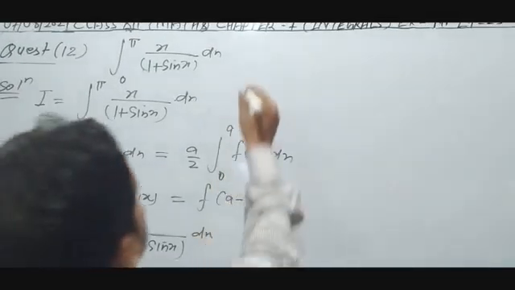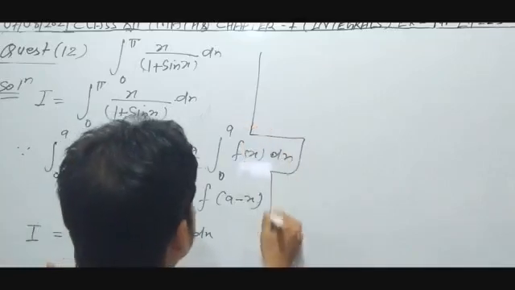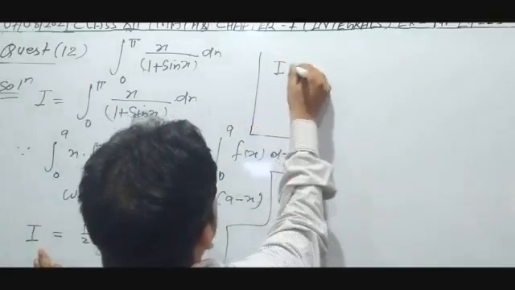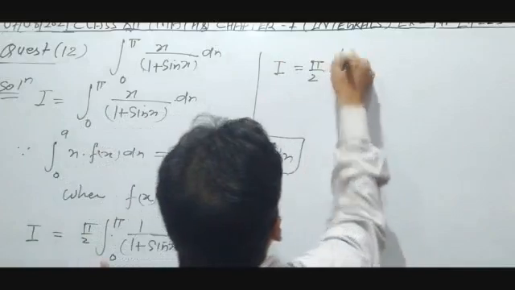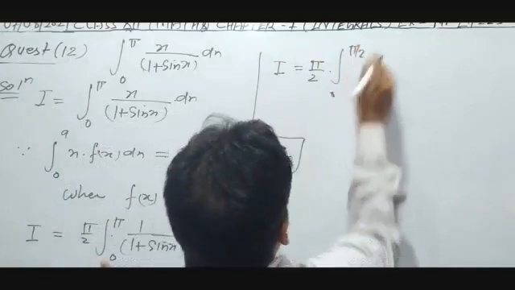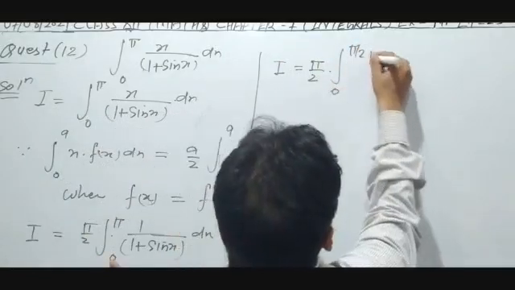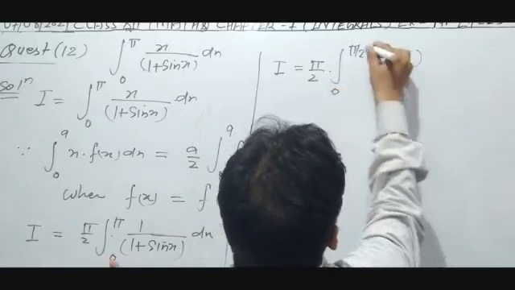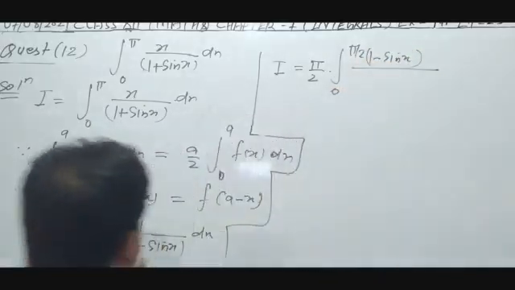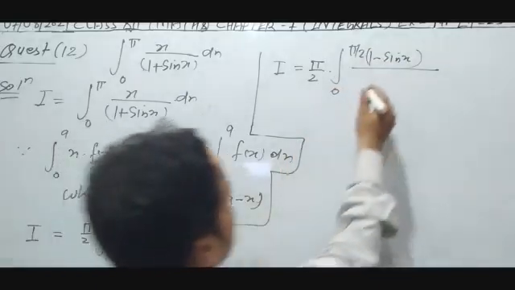So after rationalizing by 1 minus sin x, what will be the result? I is equal to pi by 2 times the integration from 0 to pi of (1 minus sin x) upon 1 minus sin square x, and the result will be cos square x.